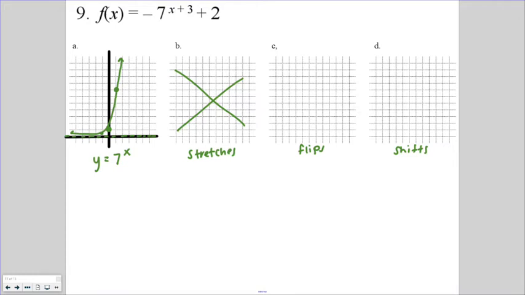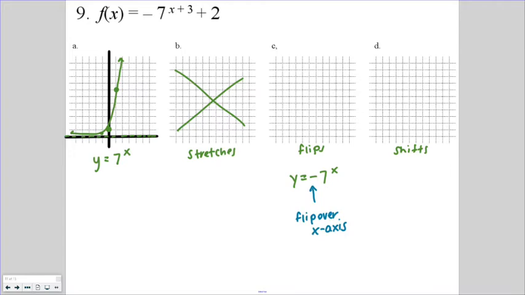Now, we have one flip. It's the negative on the outside. So based on our transformations from last year in Algebra 2, this is a flip over the x-axis. We're taking all the y values and we're making them negative. So if you have positive y values, you're making them negative. You're flipping all those points over the x-axis.